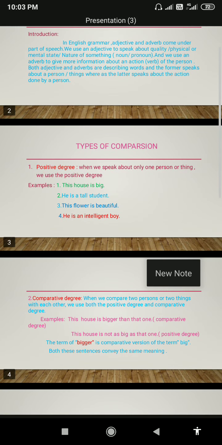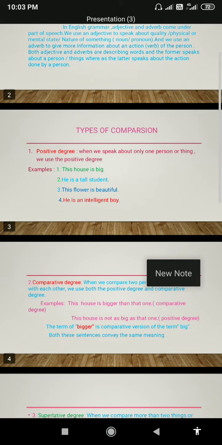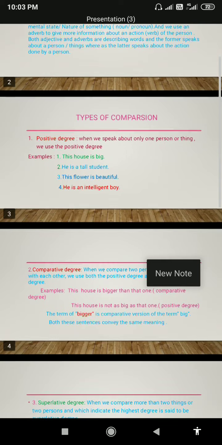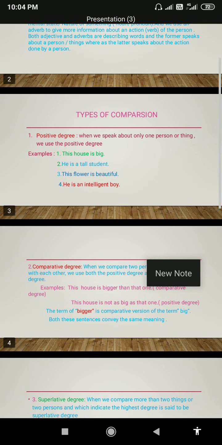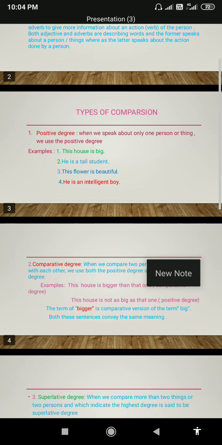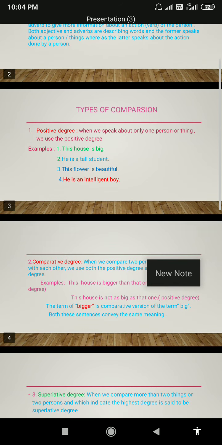The first one is positive, the second one is comparative, the third one is superlative. You would already have some practice at your SSC level. Some of you would have got good perfection and some less knowledge about this. But anyhow, I am going to give you the description of the positive degree.